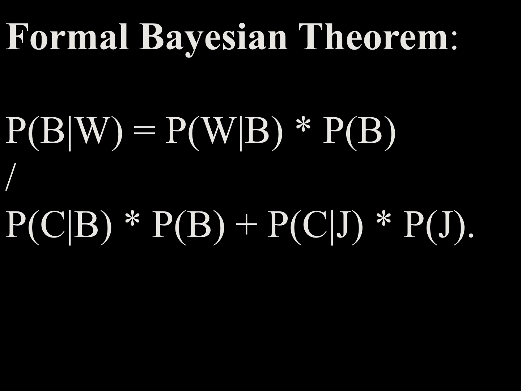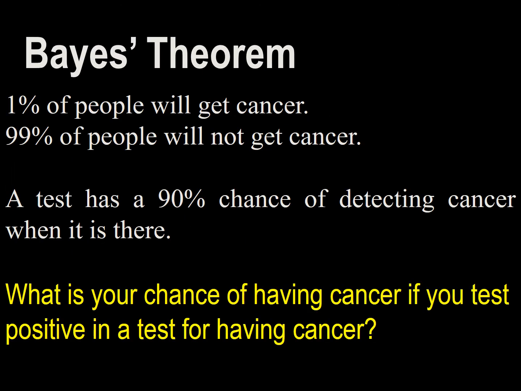So now we're going to apply it on a more discrete issue. Let's apply Bayesian analysis and show that it's superior to human intuition. So here's a problem. 1% of people will get cancer. 99% of people will not get cancer.